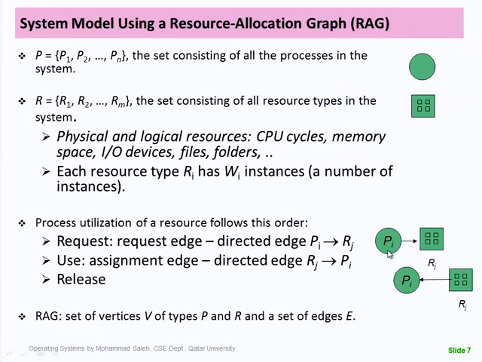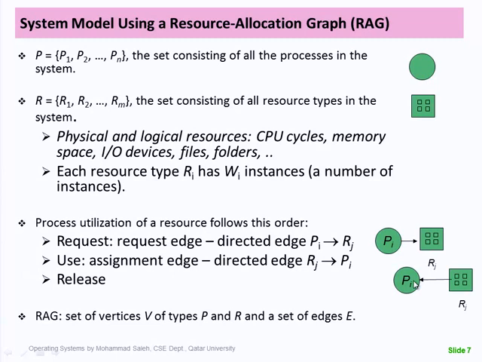So in this case, I have process Pi requesting a resource of type Rj, and I have 4 instances of Rj. So the arrow is from the process to the resource. And when we have the arrow from the resource to the process, it means that an instance of this resource, Rj, is currently assigned to process Pi.